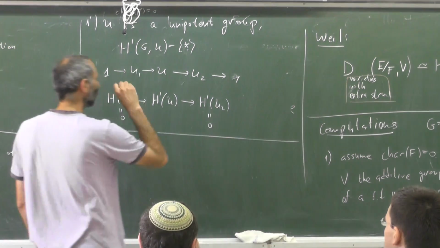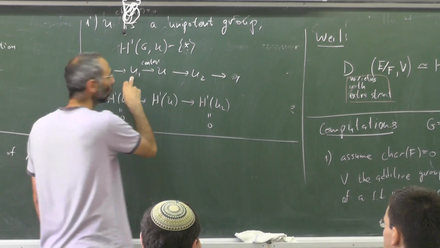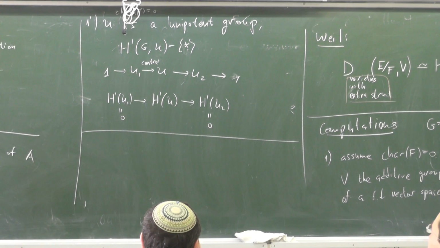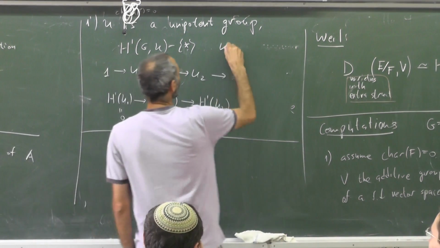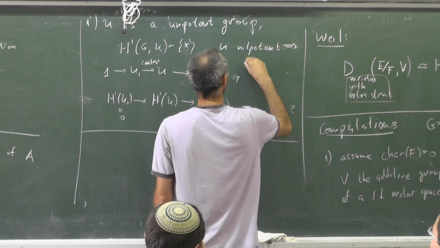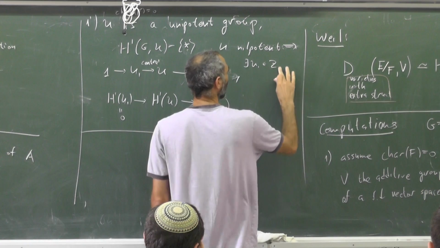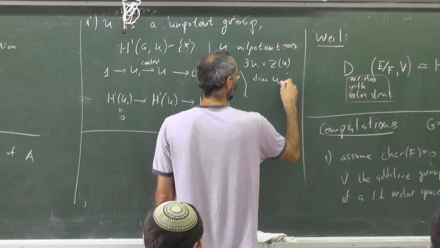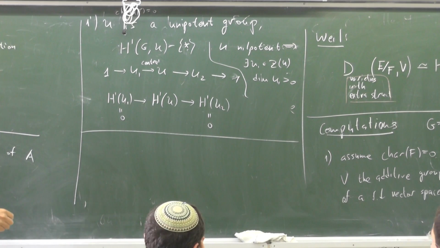But the long exact sequence, okay, yeah. So for this piece, I take this to be the lowest thing in the central series, and the thing is, in order to run such induction.